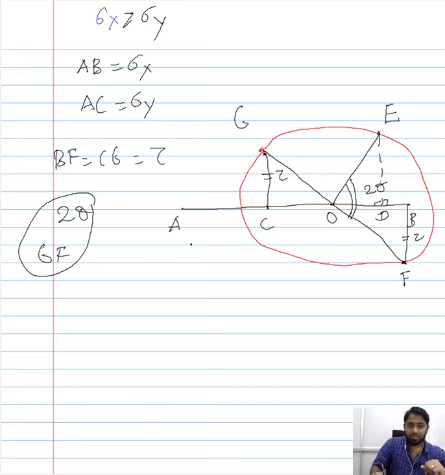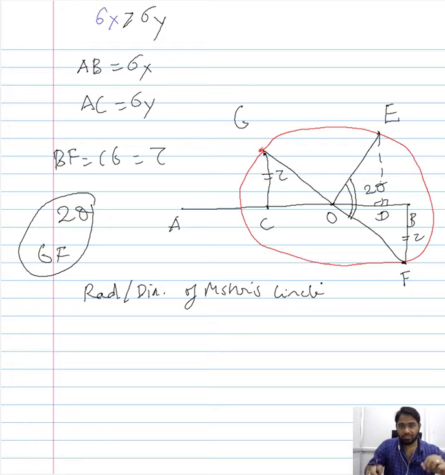And again, the radius or the diameter of the Mohr circle is no longer associated with BC, which is sigma x minus sigma y. It is no longer associated with it. It is even more extended, as you can see here.